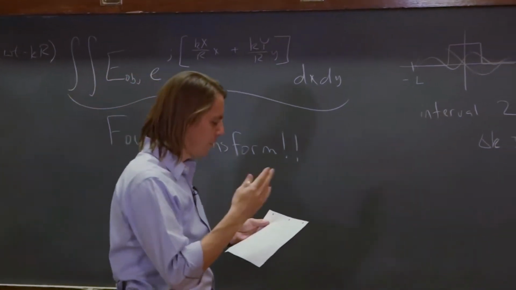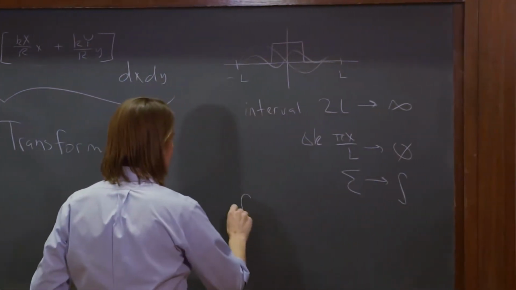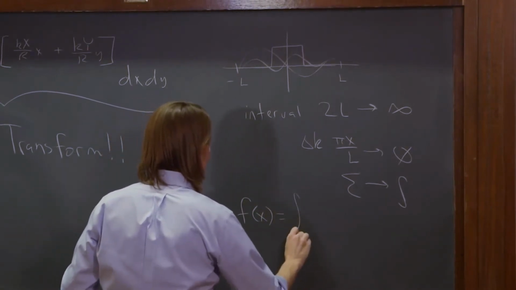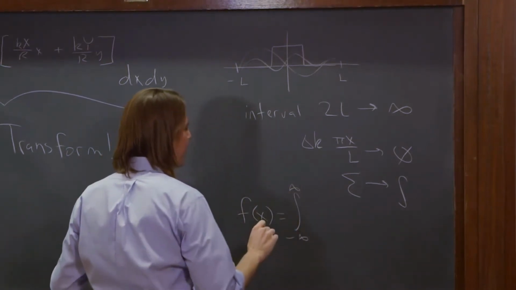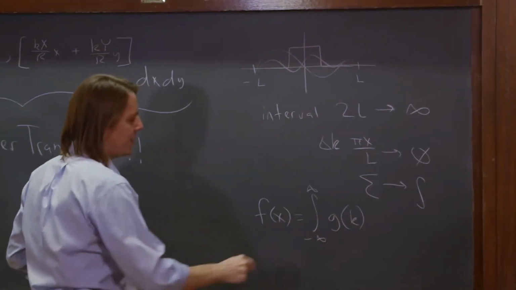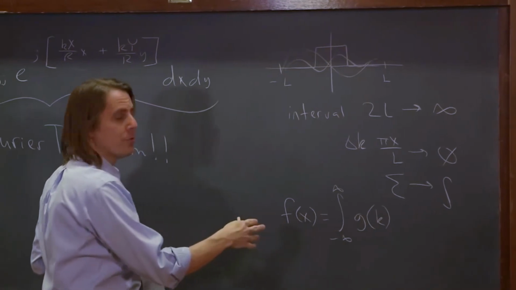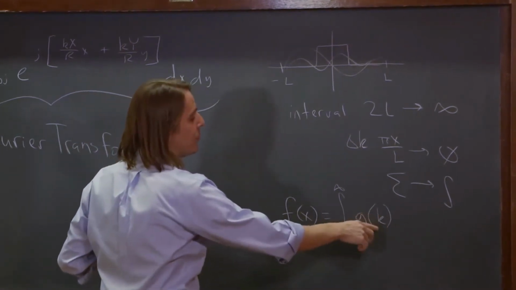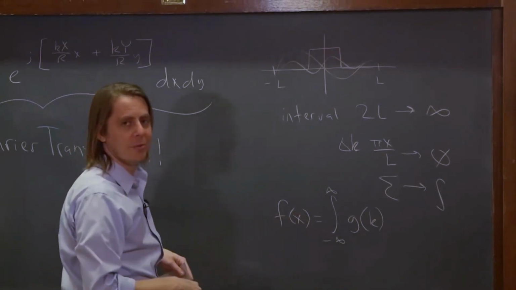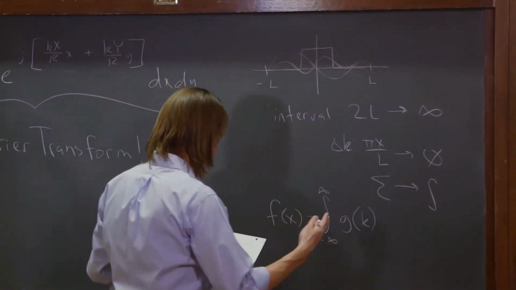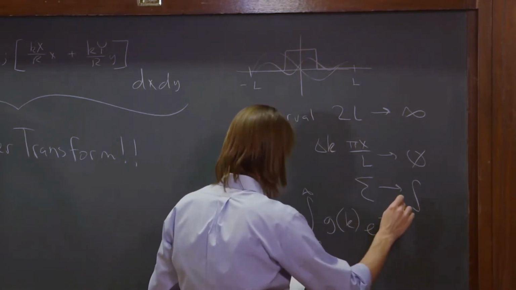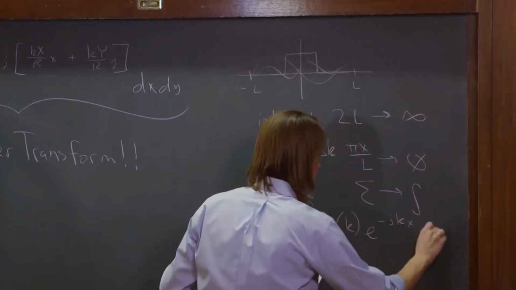You can do them as integrals over infinite domains, and then you can describe a function f of x as the integral from minus infinity to infinity of some other function g of k. Basically a function that describes the spectral components, spectral in terms of 1 over position, of the function f of x of position. Okay? So that would be e to the minus jkx dk.